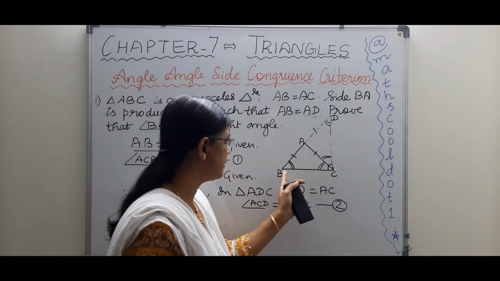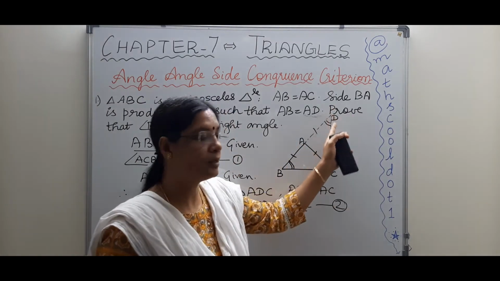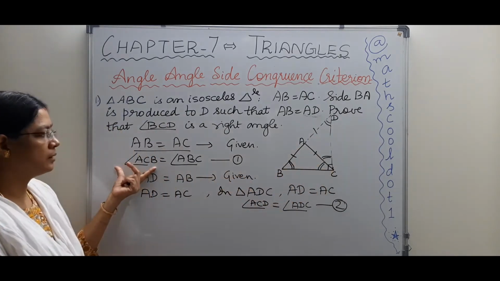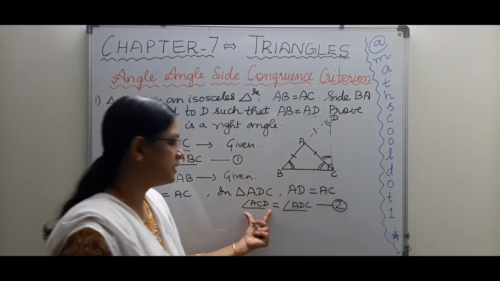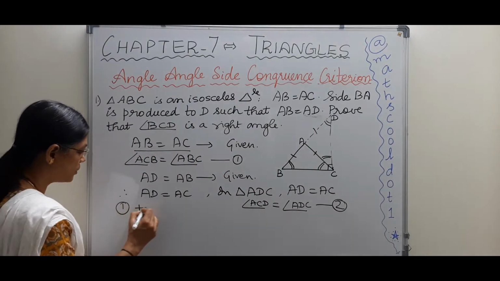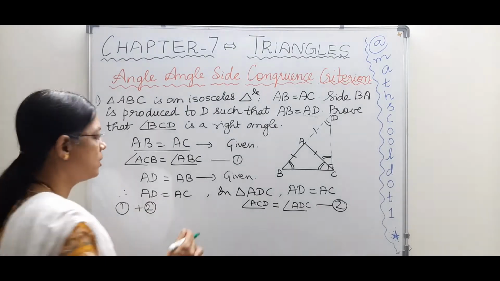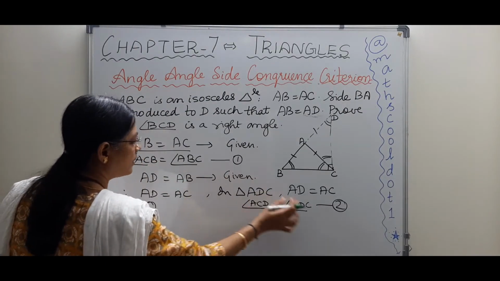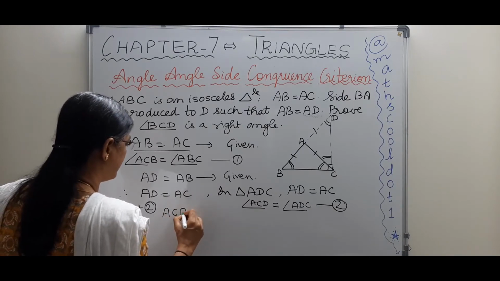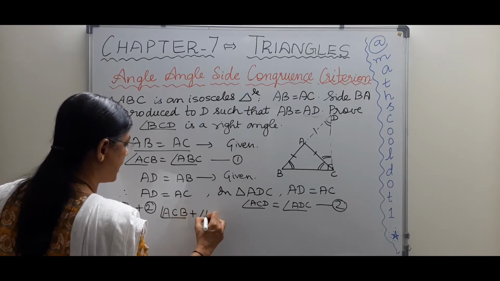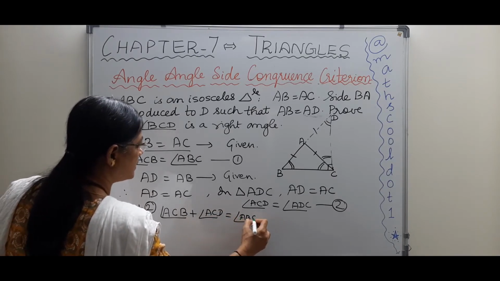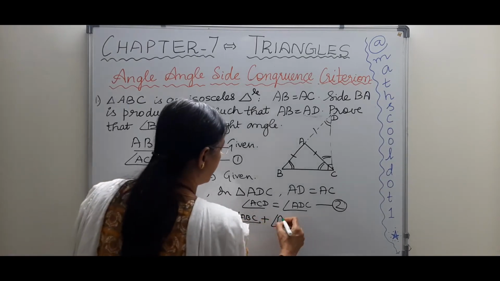BCD is equal to angle ACB plus angle ACD, right? So that forms BCD. We have angle ACB and angle ACD on the left of both the equations. So let us add equation 1 and 2, adding left side and right side respectively. So I get angle ACB plus angle ACD is equal to angle ABC plus angle ADC.